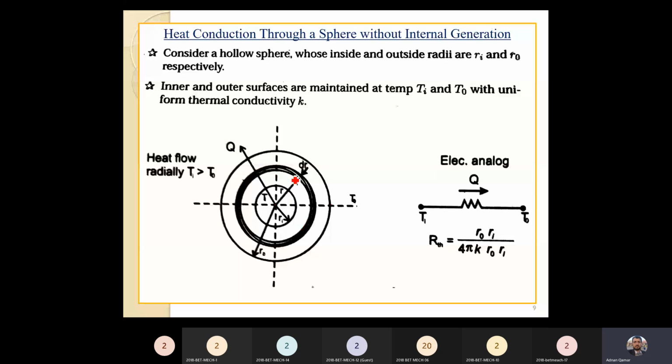In this system we have considered a small element from the sphere with thickness dr whose distance from the center is r. This is the inner radius Ri and this is the outer radius R naught, and this is the small element within Ri and R naught, and we assume that Ti is greater than T naught. So if the inner temperature is greater than T naught, it means heat would flow from inside to outside.